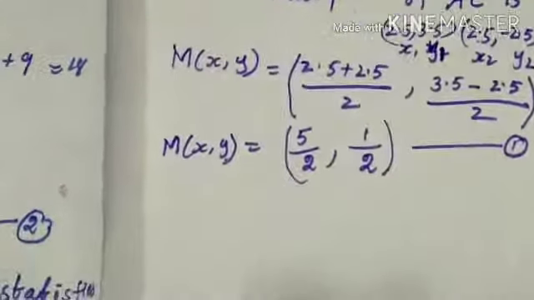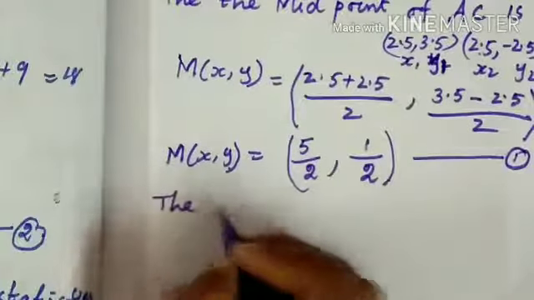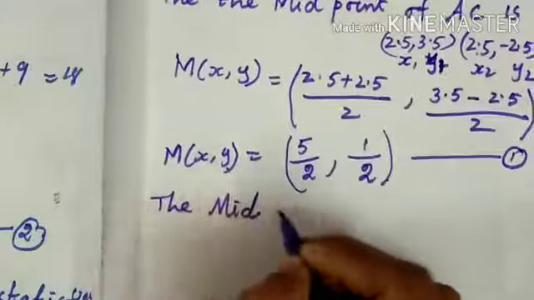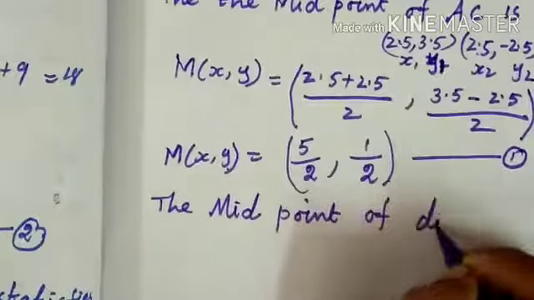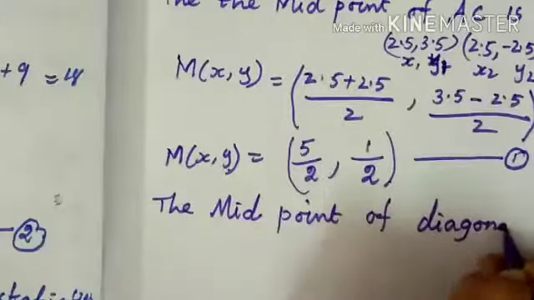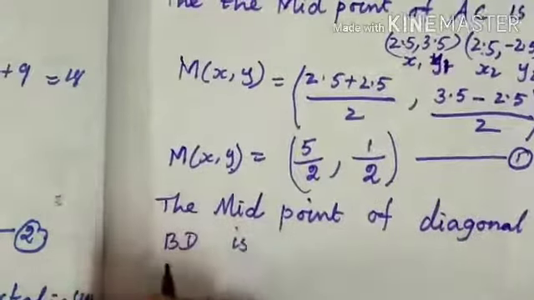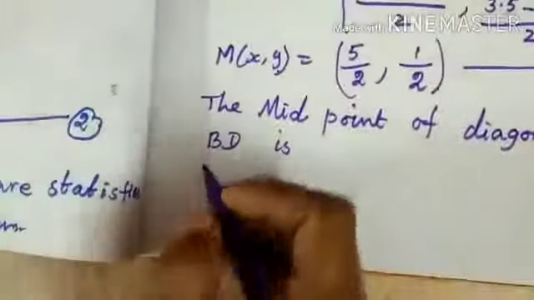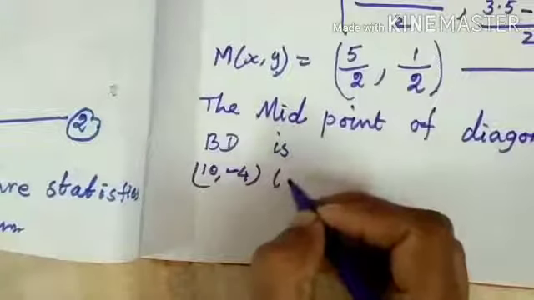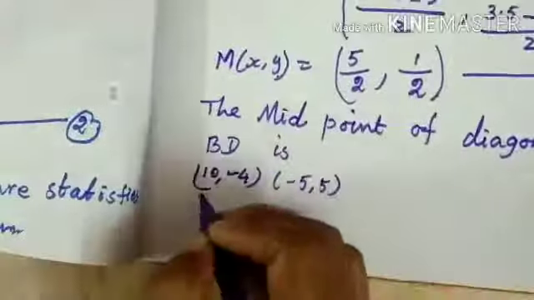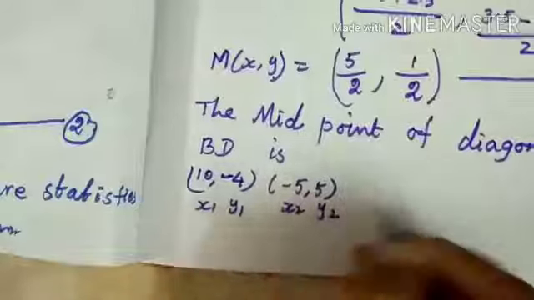Then next we have to find the midpoint of the diagonal BD. Take down and write the B point and D point. B point (10, minus 4) and D point (minus 5, 5). Let us assume x1 y1 x2 y2.